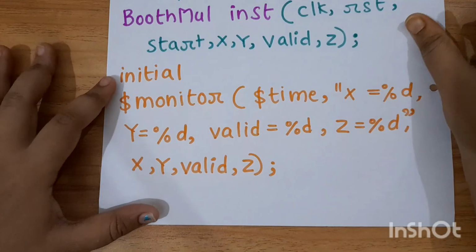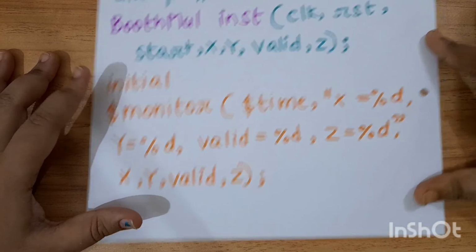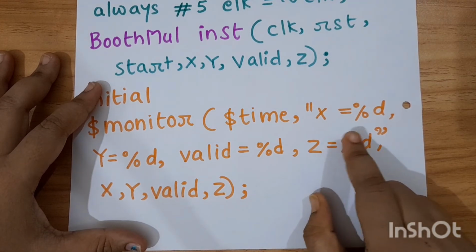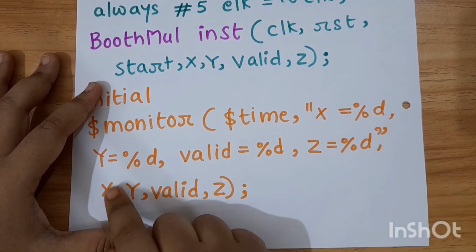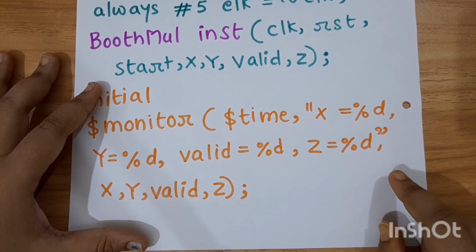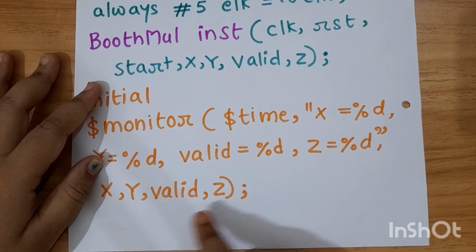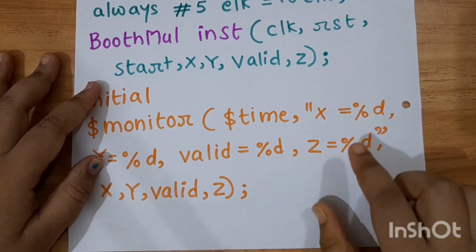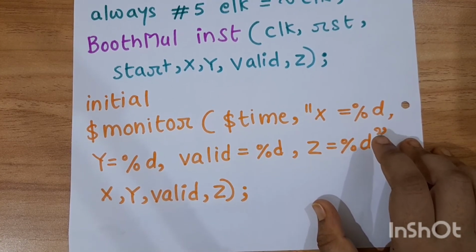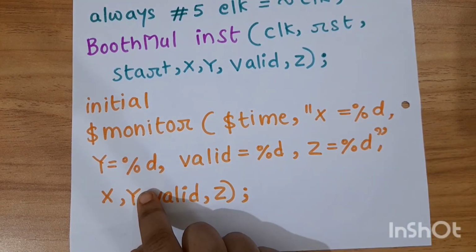Now we will go inside the initial block. Initial, $monitor system task is called. $time comma, inside the double quotes I am checking for X equal to %d comma Y equal to %d comma valid equal to %d comma Z is equal to %d semicolon, comma X comma Y comma valid comma Z semicolon. So X is equal to %d, that means whatever X is, the multiplier, Y the multiplicand, that would be displayed.